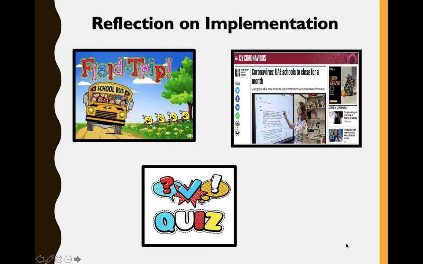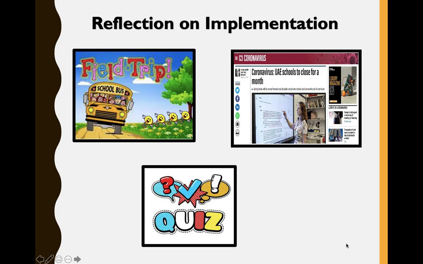Reflection on implementation. When I was at school, I planned to teach 6 lessons of this unit, but my plan was changed because of the coronavirus circumstances that forced us to close the school.